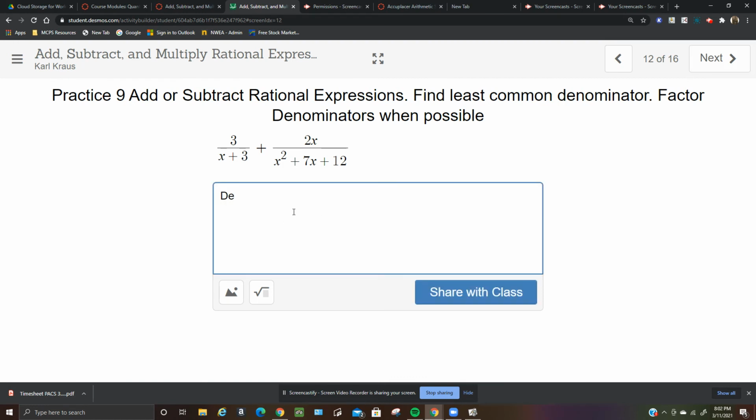So the denominator's factored. Can't factor the first one, so x plus 3. And the other denominator factor is x plus 3 times x plus 4.